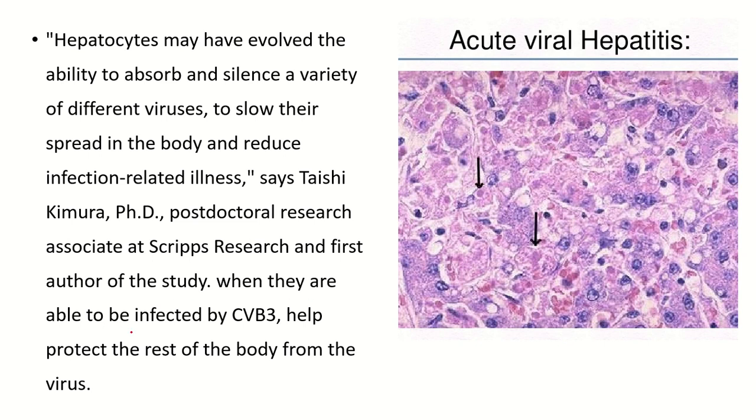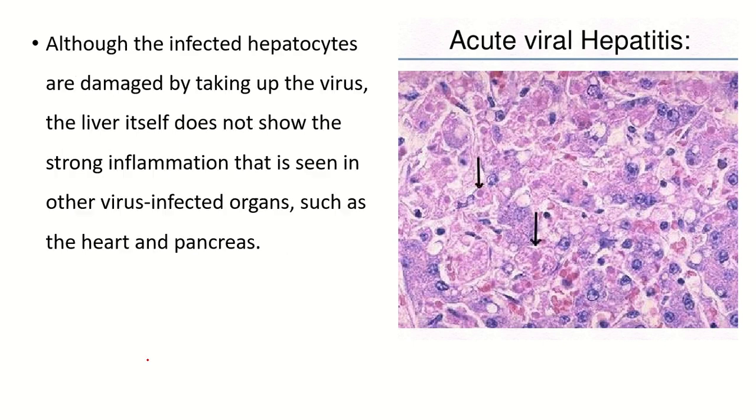When they are infected by CVB3, they help protect the rest of the body from the virus. Although the infected hepatocytes are damaged by taking up the virus, the liver itself does not show the strong inflammation that is seen in other virus-infected organs such as the heart and pancreas.